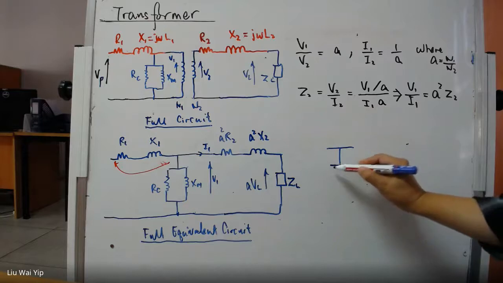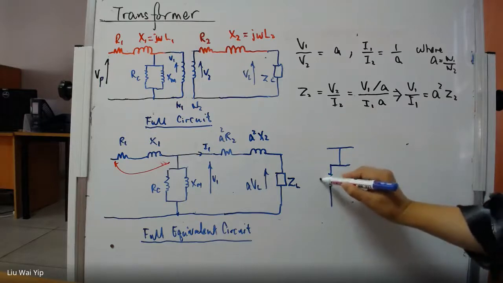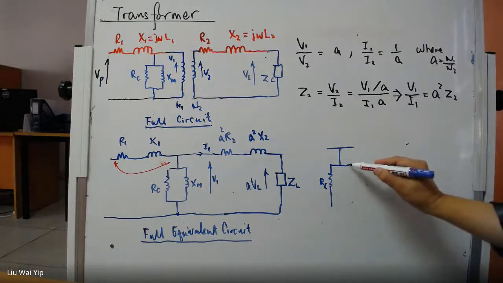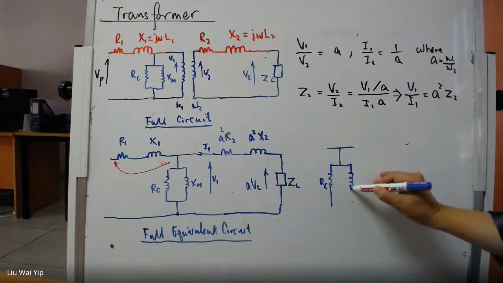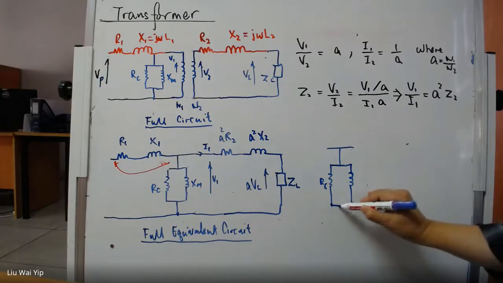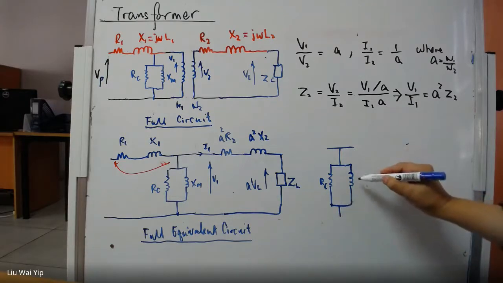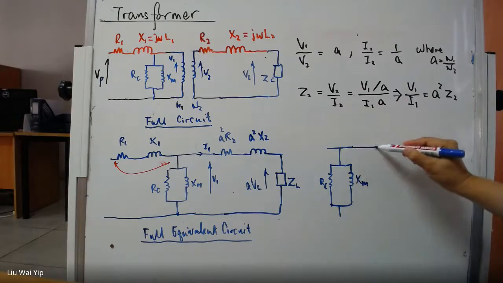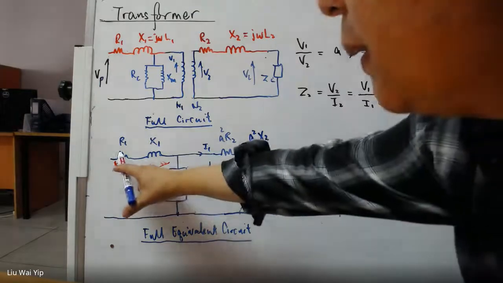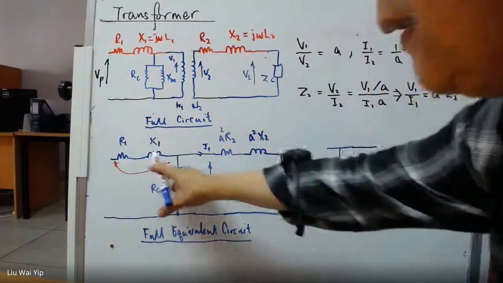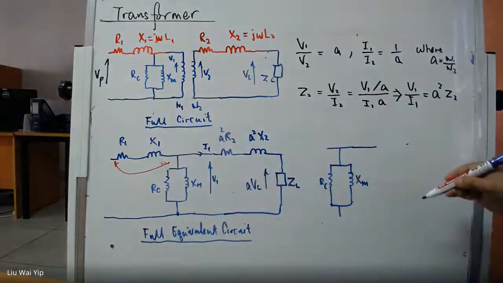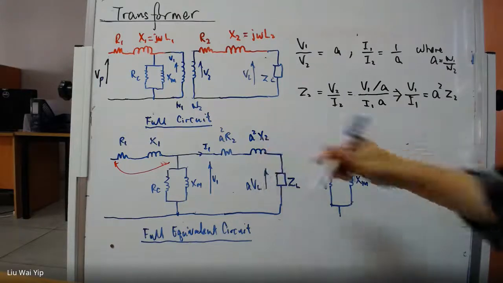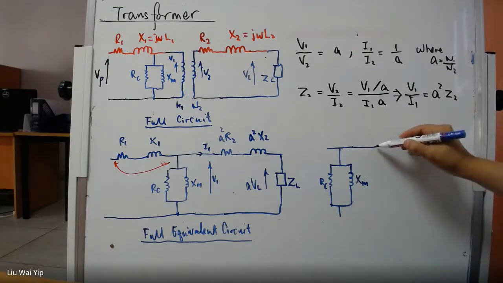So without any change, you have a primary like this. But this time, the copper loss and the series one are going to combine with each other.